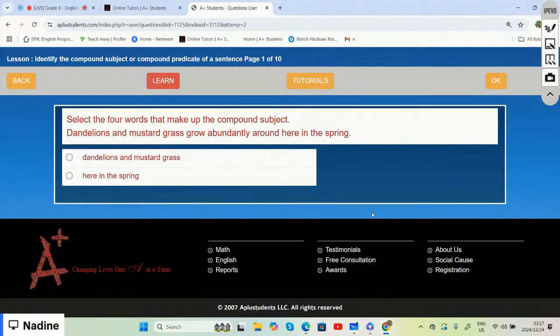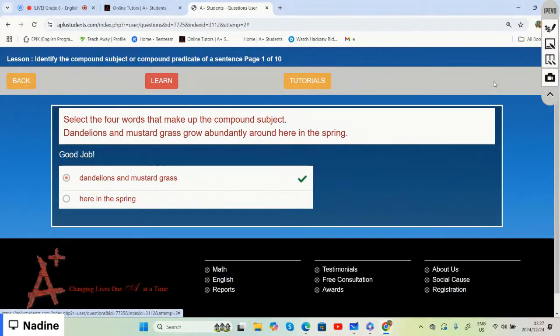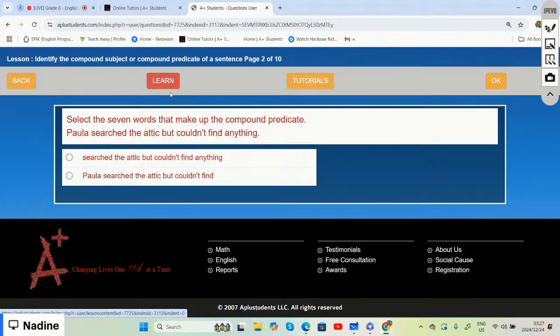And if we were to choose the correct option, it is option one, dandelions and mustard grass. Yes, that is our compound subject.